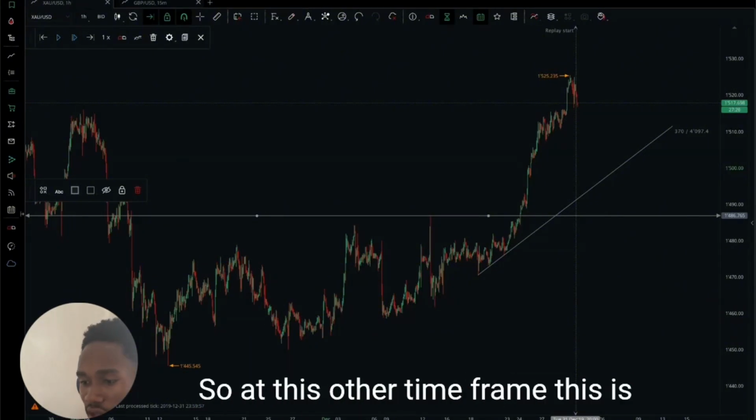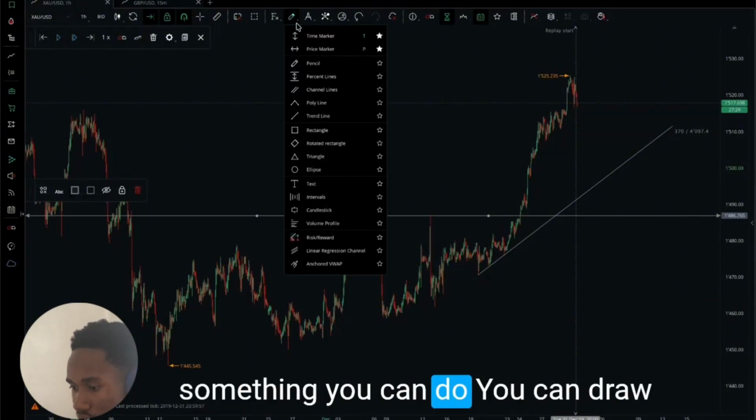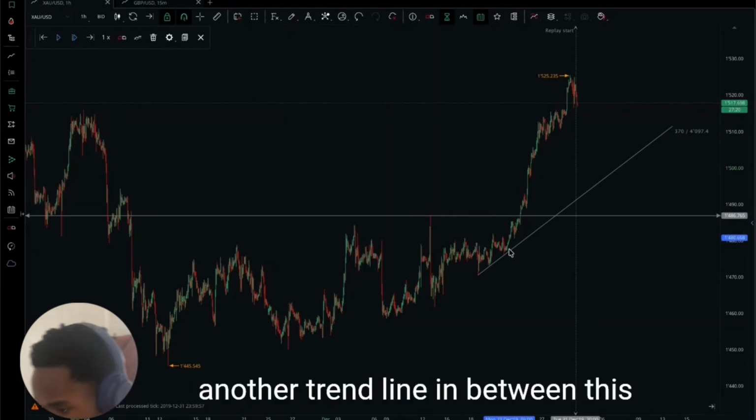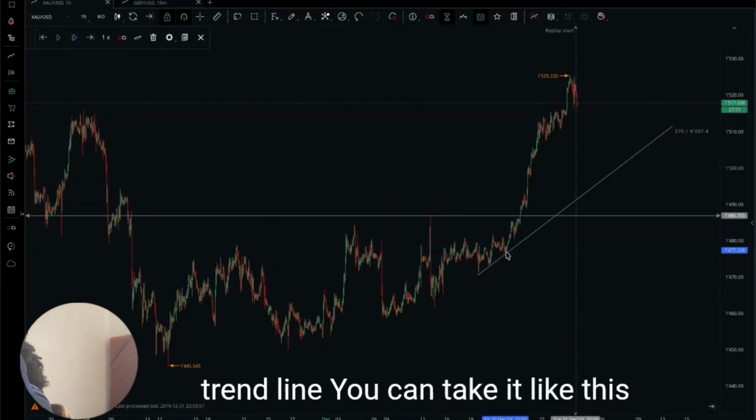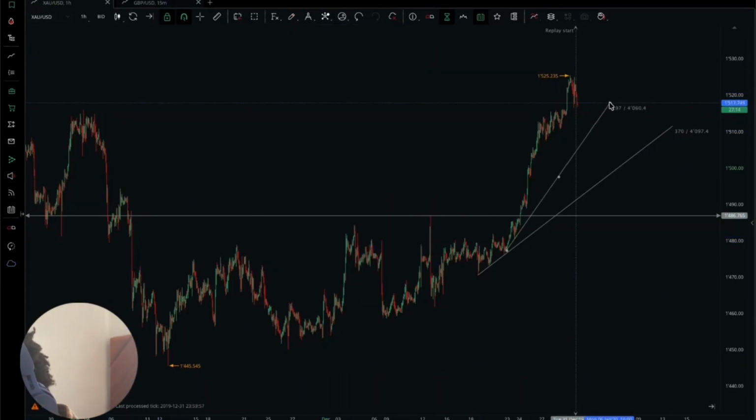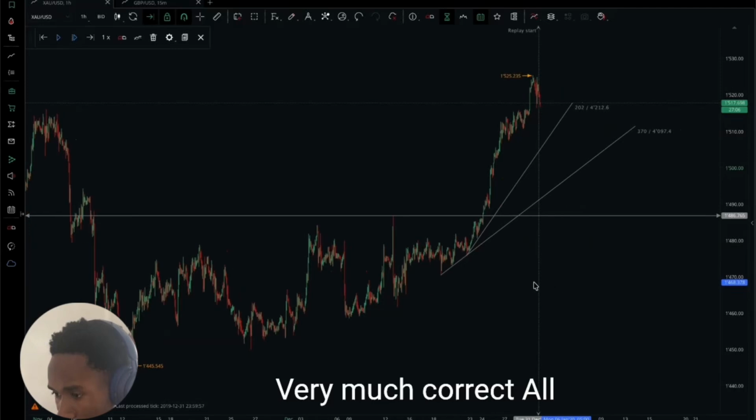So at this other time frame, this is something you can do. You can draw another trend line in between this trend line. You can take it like this. This is very much correct. Alright, we can do this.